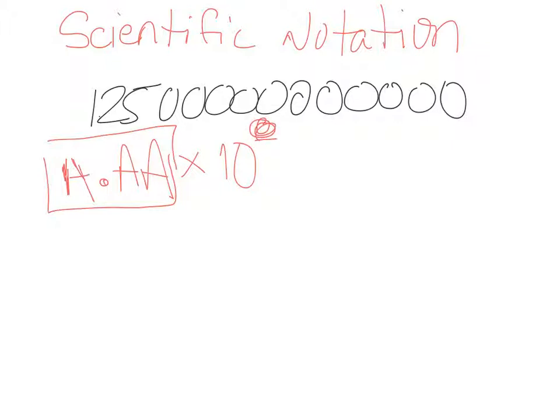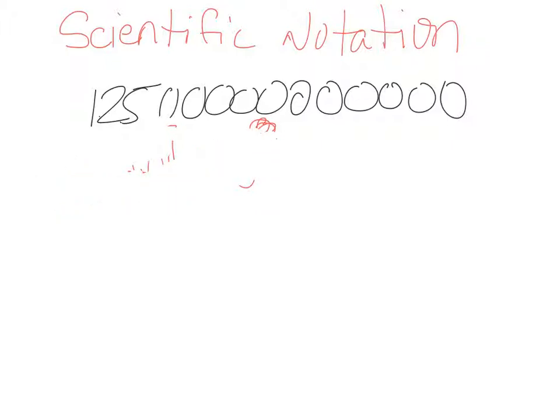Now, let me show you how we would actually figure this out with the number that we have as the example. So 1, 2, 5, and all those zeros can be written in a form of shorthand. So what I want to do is look for the numbers that are not 0, which in this case is 1, 2, and 5.